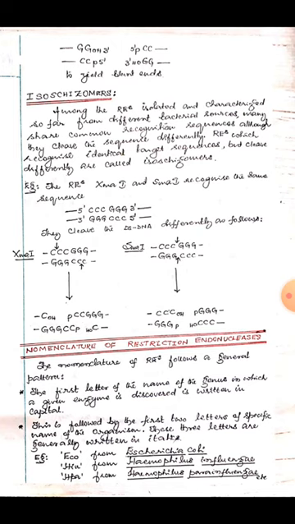So ECO is extracted from Escherichia coli. HIN is extracted from Haemophilus influenzae. HPA is extracted from Haemophilus parainfluenzae, like this. So these are the two principles, and rest of it we shall know.